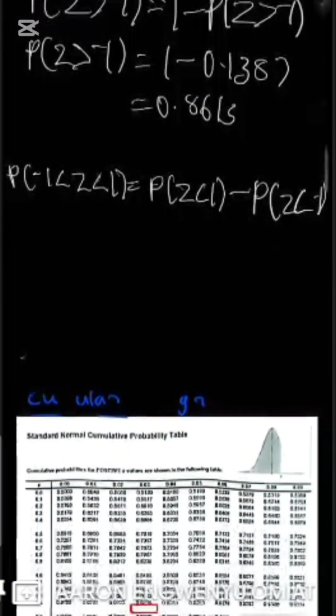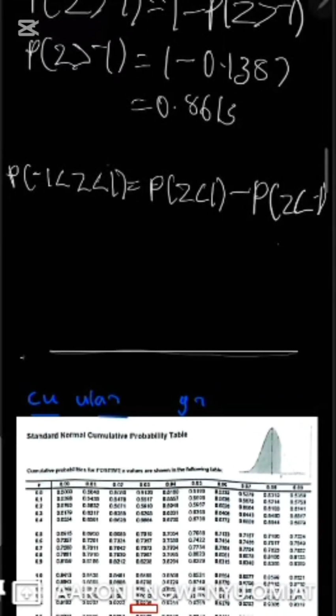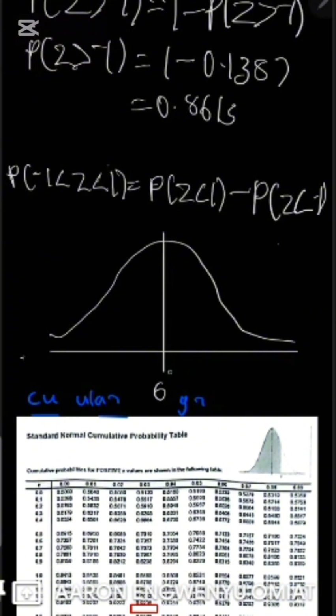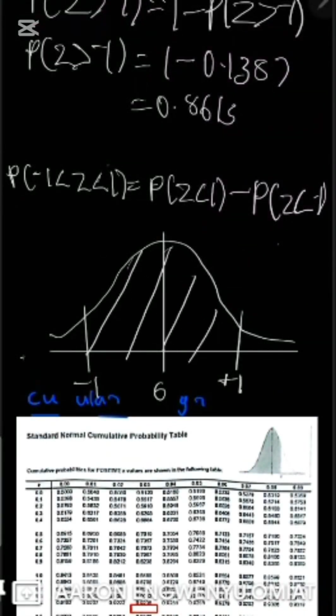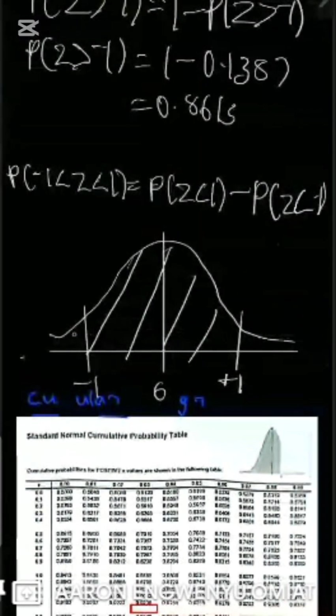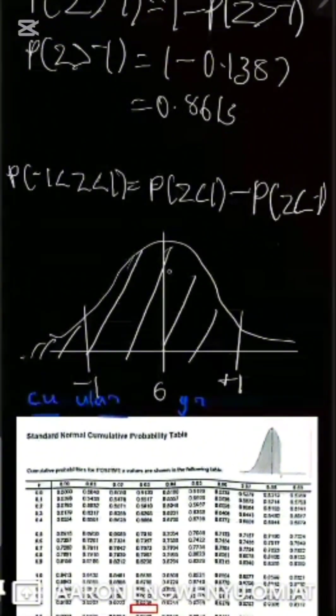Why I think so is because if we sketch it, this is our mean of 0. This is 1 and this is -1. If we want this probability, we shall first find the whole probability of Z less than 1, which goes up to here, the whole of this.